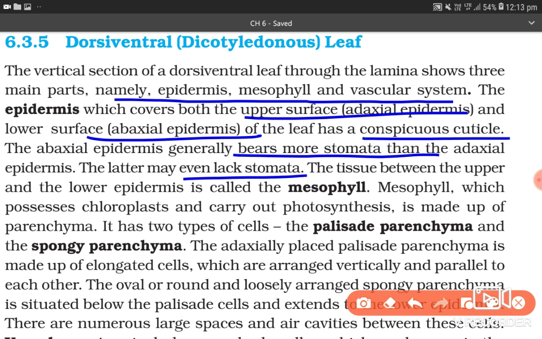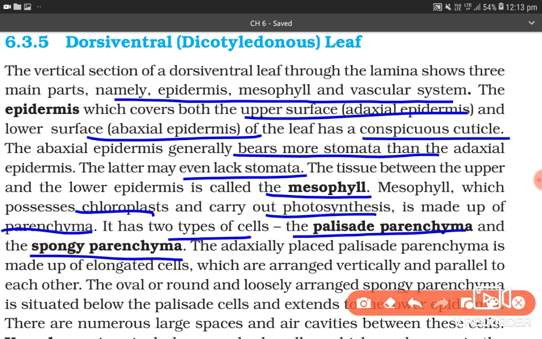The tissue between upper and lower epidermis is called mesophyll. Mesophyll, which possesses chloroplasts and carries out photosynthesis, is made up of parenchyma. It has two types of cells, the palisade parenchyma and the spongy parenchyma. Adaxial means the upper surface.